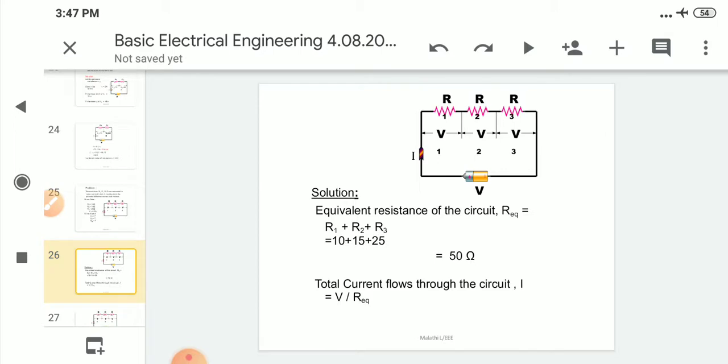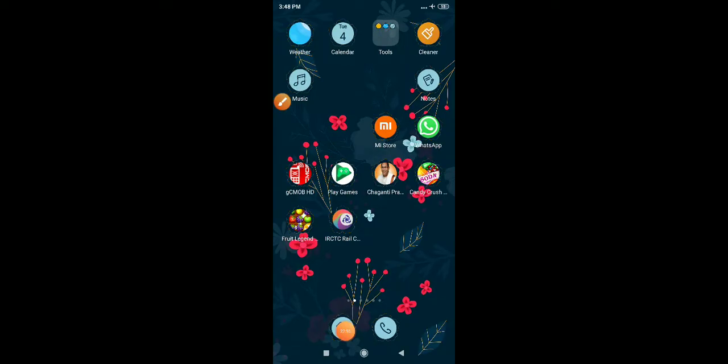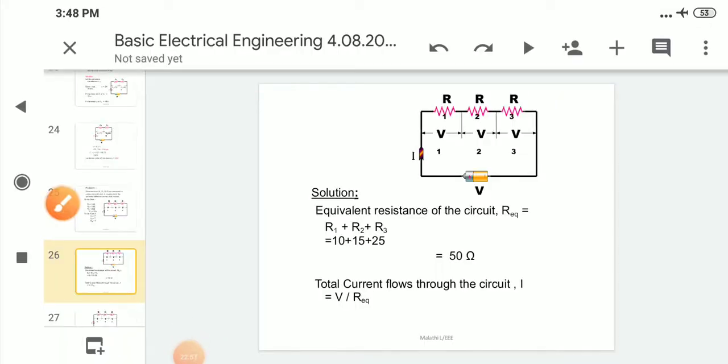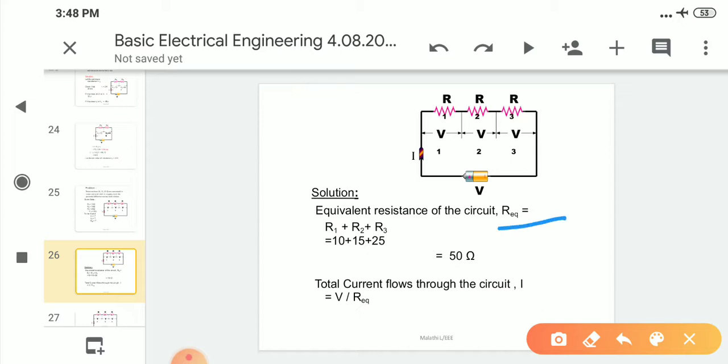Equivalent resistance of the circuit, R equivalent, is equal to R1 plus R2 plus R3, which is 10 plus 15 plus 25, equal to 50 ohms. This is the formula we use for the equivalent resistance of a series circuit.